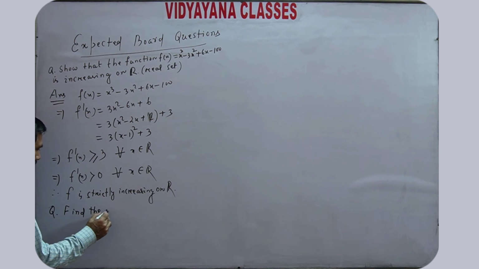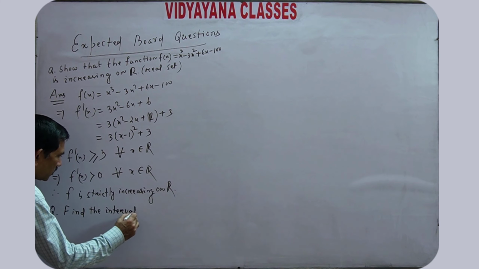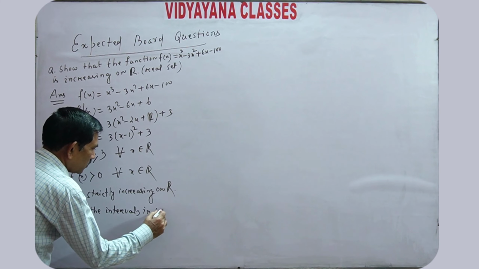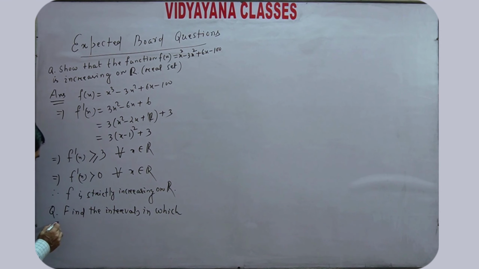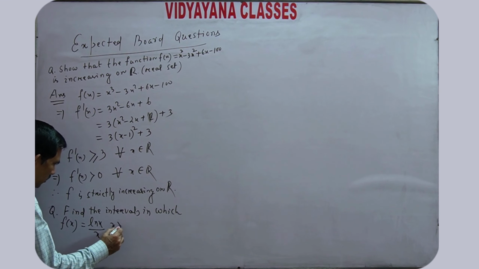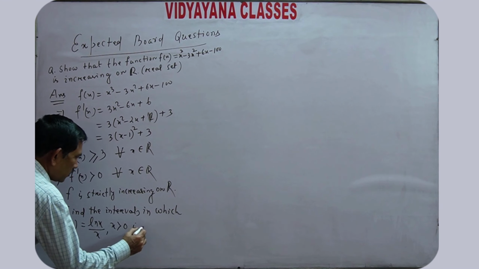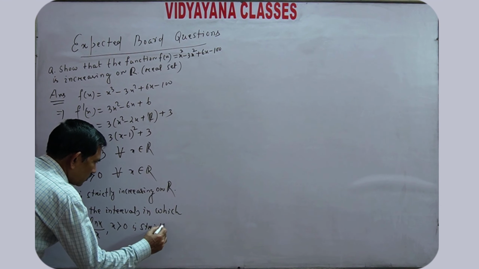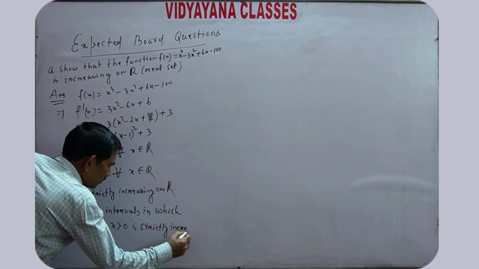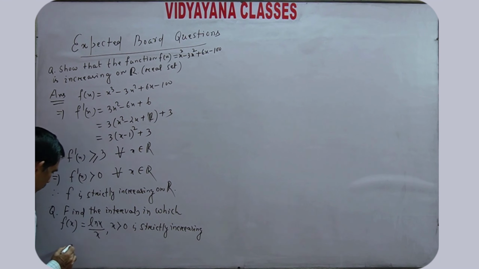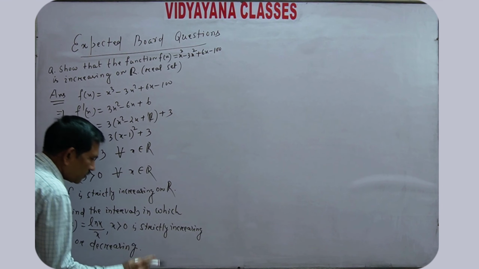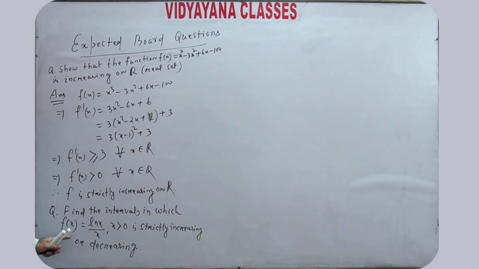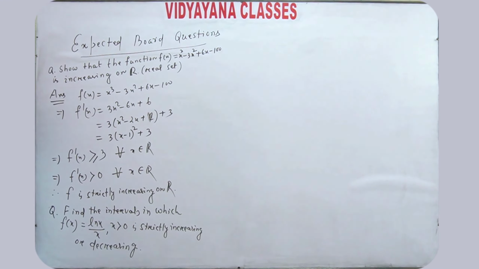Find the intervals in which f(x) = ln x / x, x > 0, is strictly increasing or decreasing.